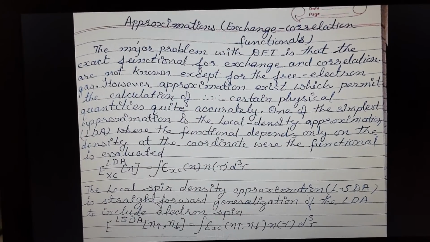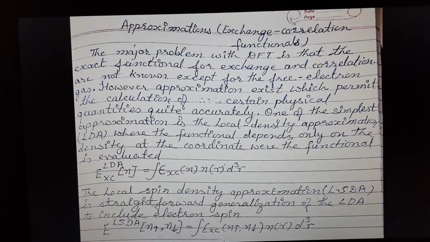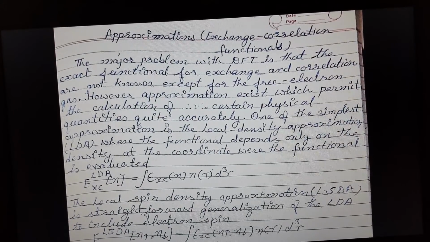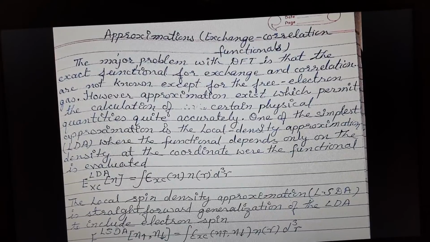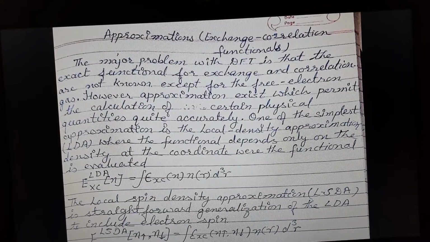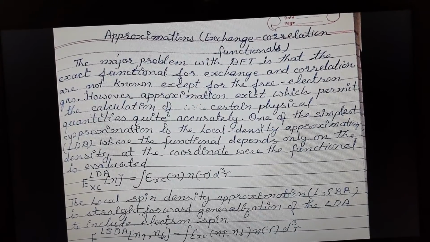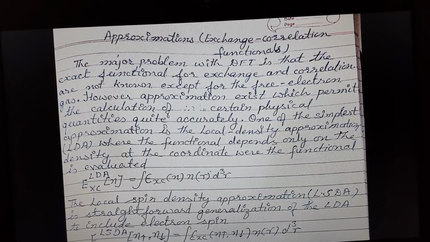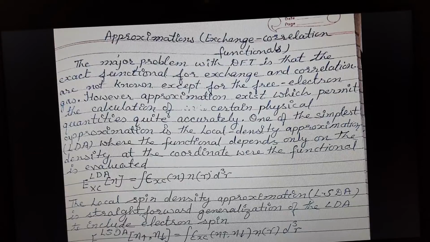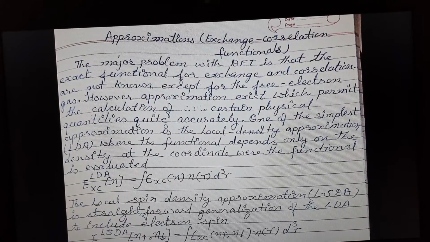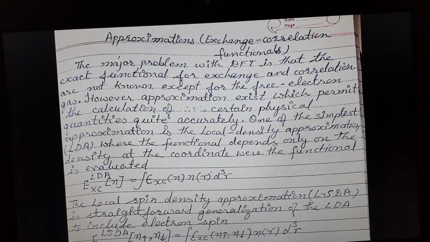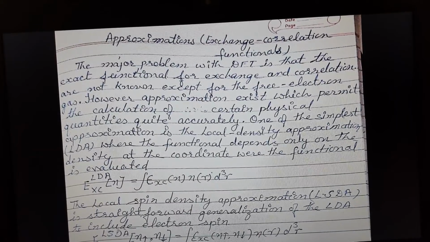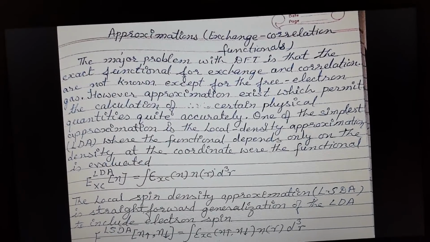However, approximations exist which permit the calculation of certain physical quantities quite accurately. One of the simplest approximations is the local density approximation, LDA, where the functional depends only on the density at the coordinate where the functional is evaluated.